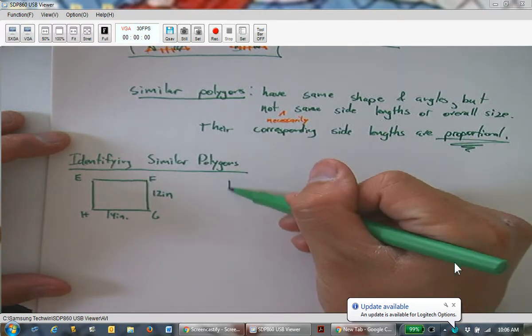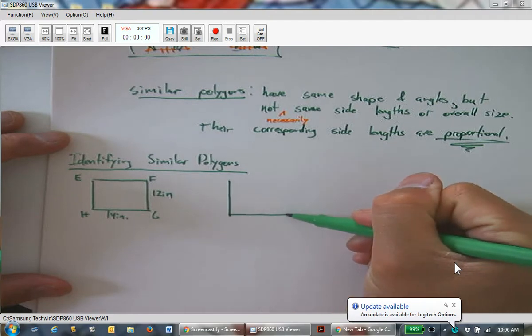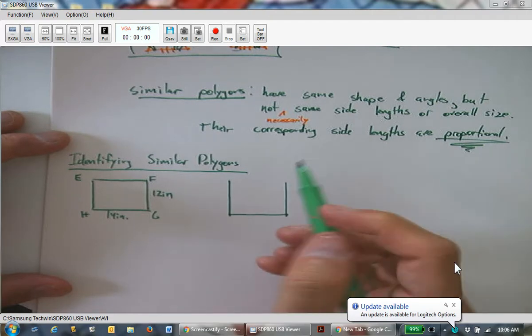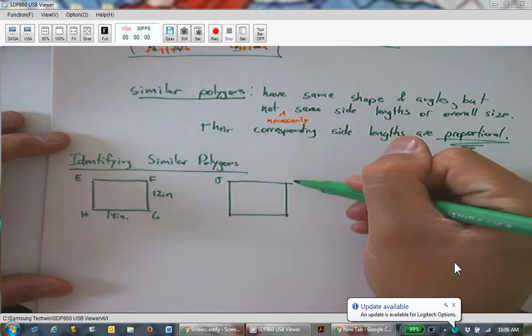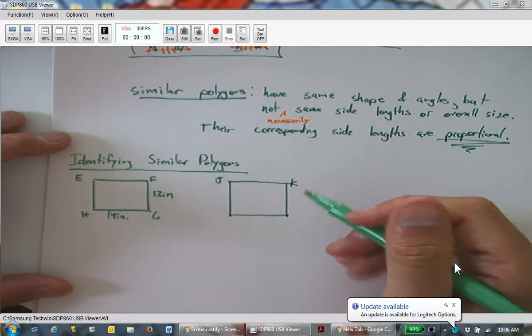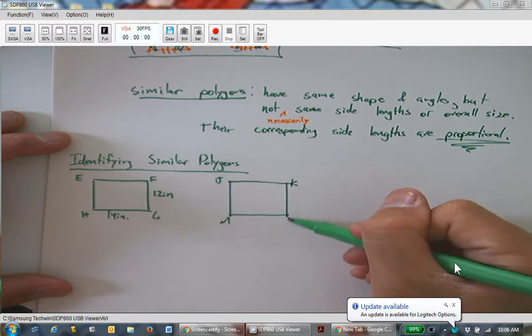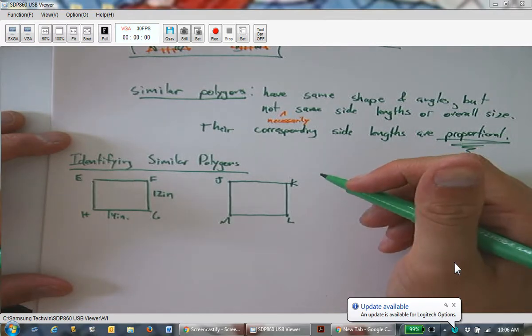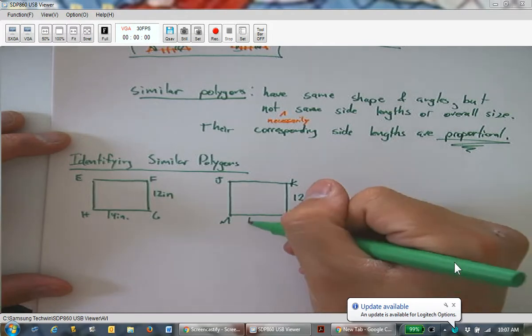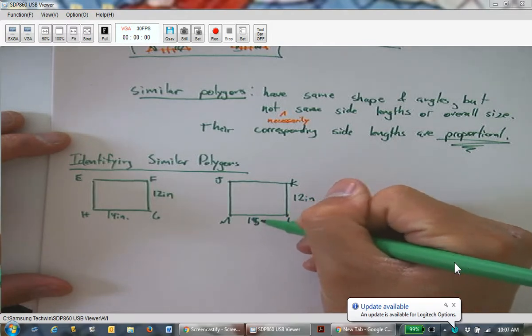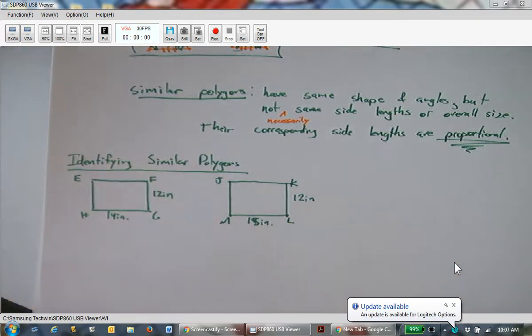And then we have another seemingly similar picture frame, J, K, M, L. This is 12 inches to 15 inches. This might be a dead giveaway, but are these two shapes similar? No, they are not, right?